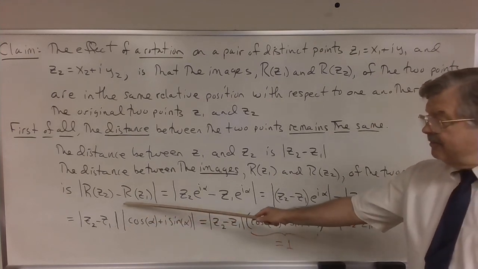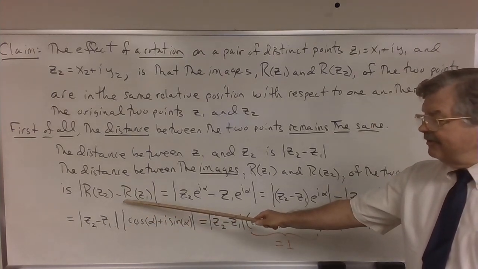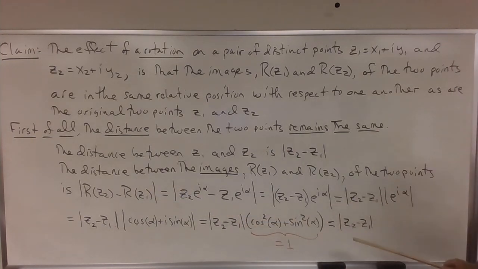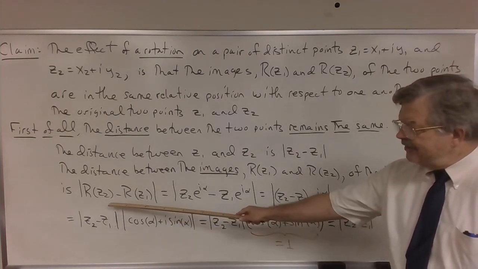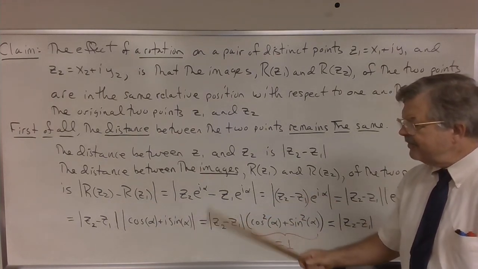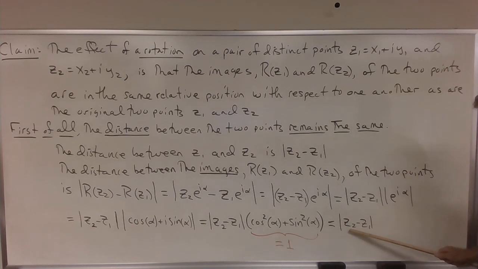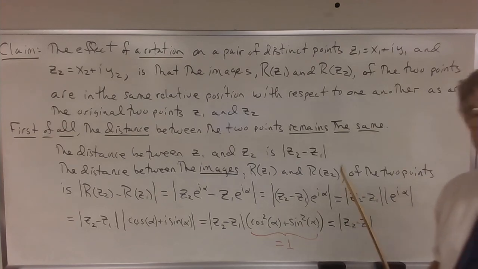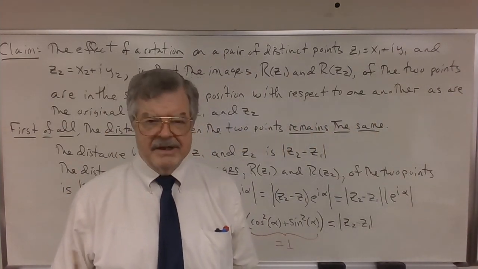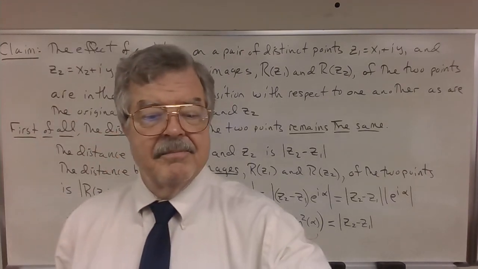So where did we start? The modulus, or the distance between the images of the 2 points. And where do we end up? The modulus of z2 minus z1. What that tells us is that the distance between the images of the 2 points under rotation is exactly the same as the original distance between the 2 points. So a rotation does not change the distance between points. That's the first thing.